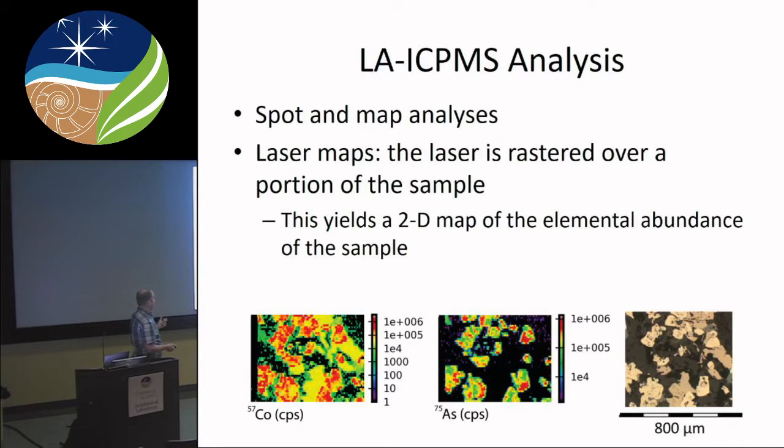I tend to prefer using spot analyses because they're more easily quantified, and then that quantification is more easily compared with other laser ablation data, whereas with maps, you can have ghosting of other elements as you ablate the sample over, and it's less systematic when you get it into a ppm value.